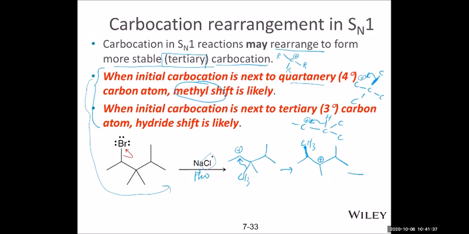This solution has sodium chloride and the solvent water. Chloride being the nucleophile attaches. Okay, I should not write down the nucleophile. Should we just write chloride? Okay, just chloride.